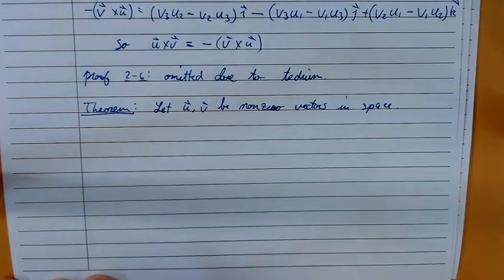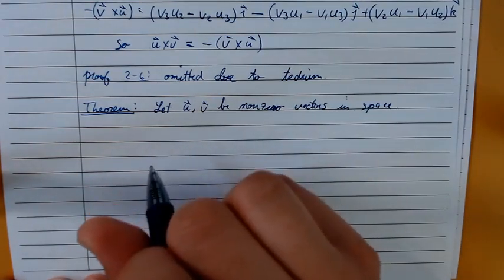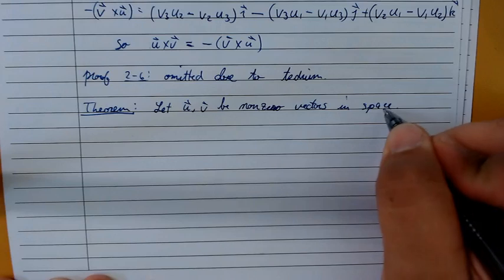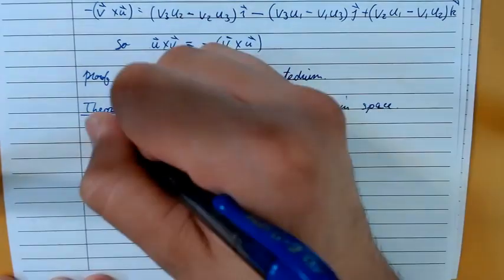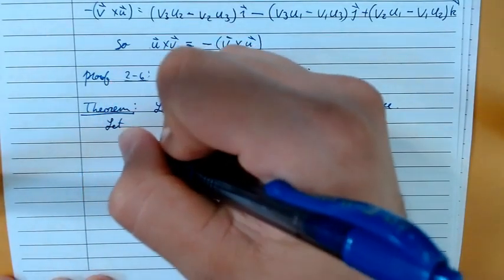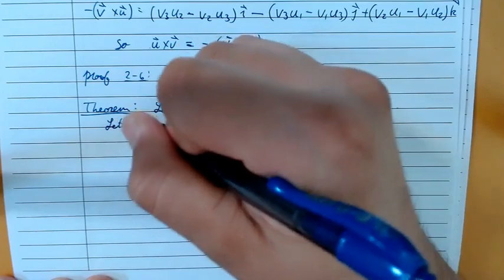Okay. And since we're talking about geometric interpretations, we should probably have something that's geometric in nature. Let's give an angle. Let theta be the angle between the two vectors.